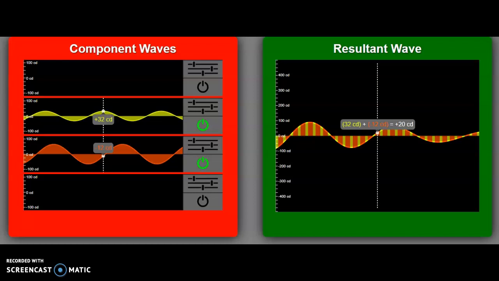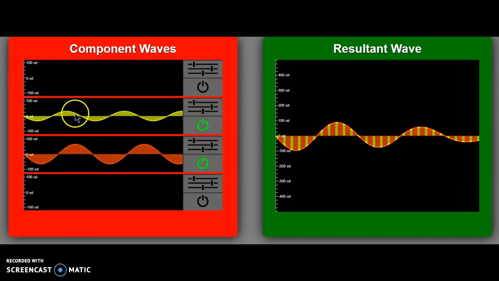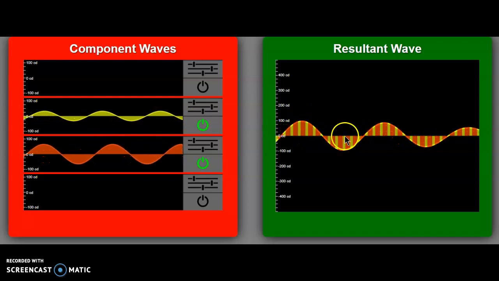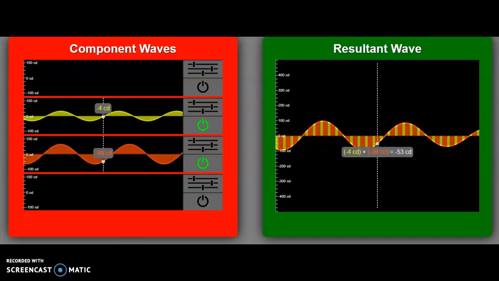Here we have this yellow color with red color. They are interfering in this case. And we could see minus 4 with minus 49, minus 53 with different colors, as you see. So the conditions for interference are the same light color, the same wavelength, and they should be in phase with each other.